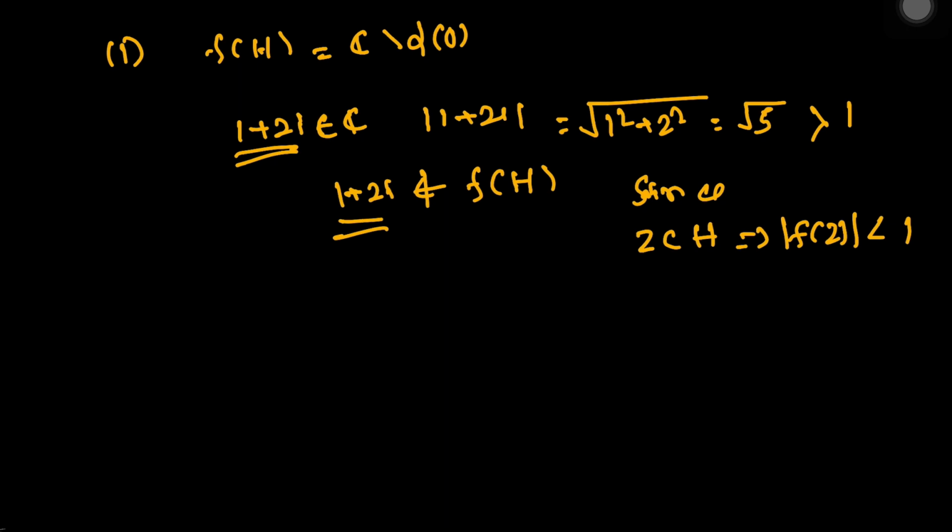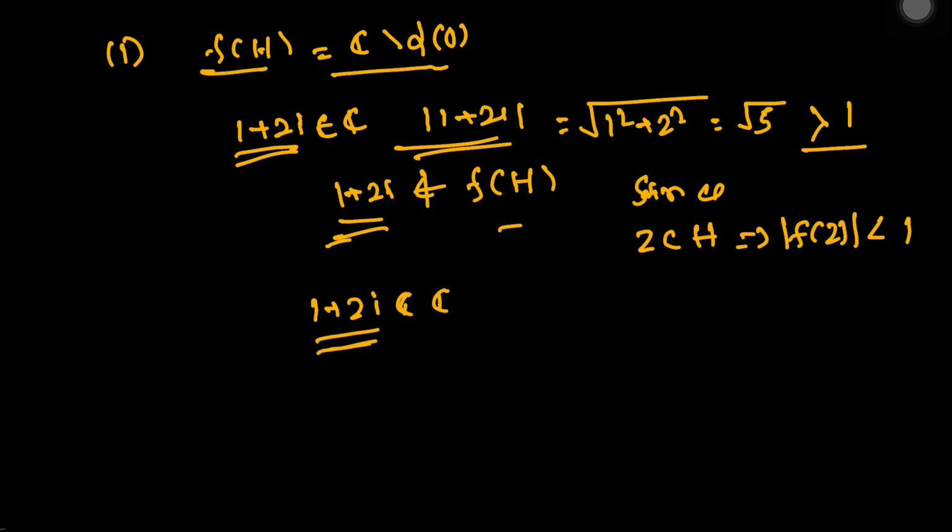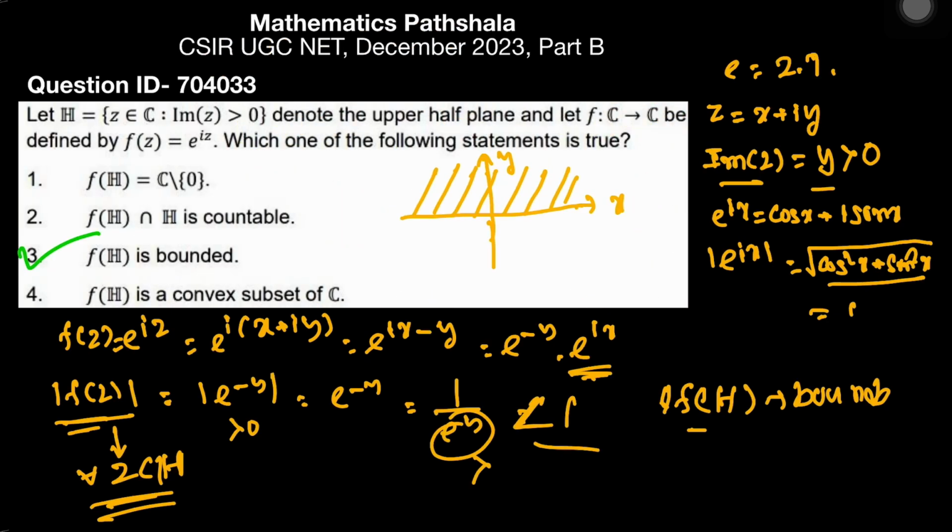Since modulus of 1 plus 2i is greater than 1, 1 plus 2i does not belong to f(H), but 1 plus 2i belongs to C. So here it is said that f(H) equal to C minus 0, but we can see that 1 plus 2i does not belong to f(H), so it can't be C minus 0. So option 1 is false.